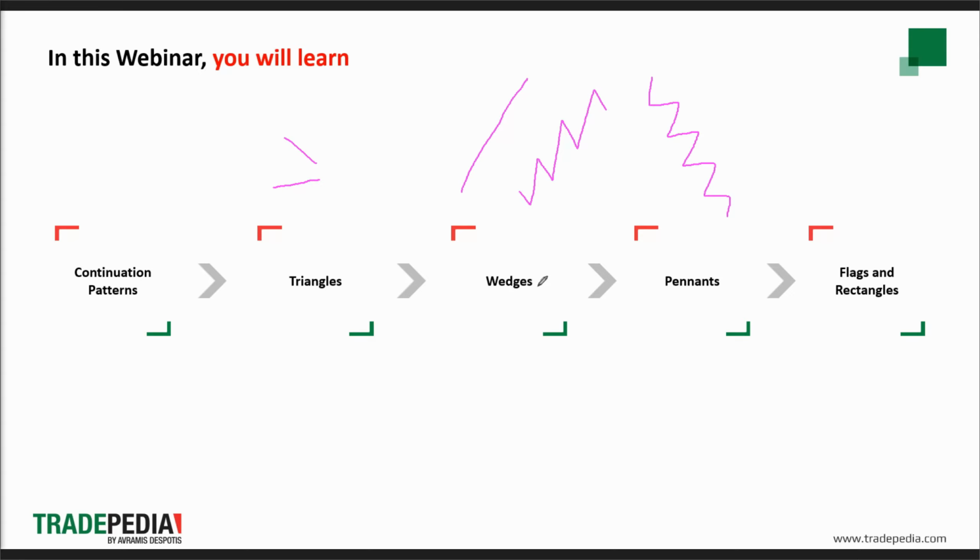We will also be looking at the wedge pattern, which is something like this over here, as well as the pennant, and flag and rectangle. All right. So these are the 4 types of continuation patterns we will be focusing on today. Let me rub away all the drawings.